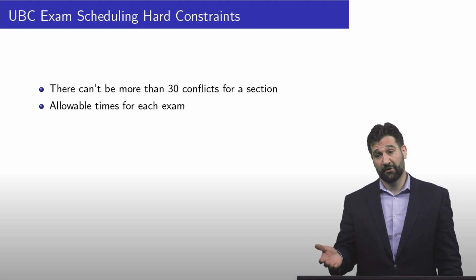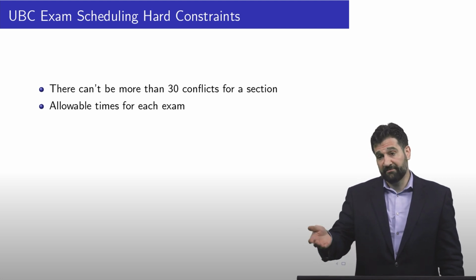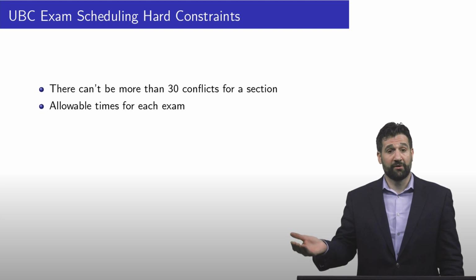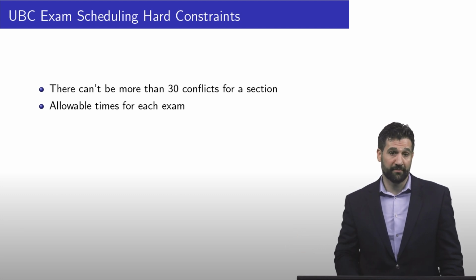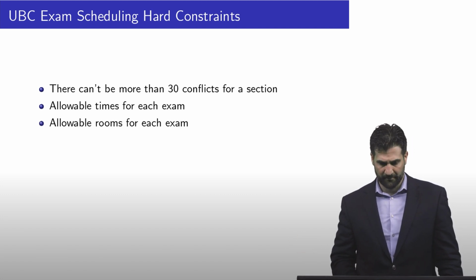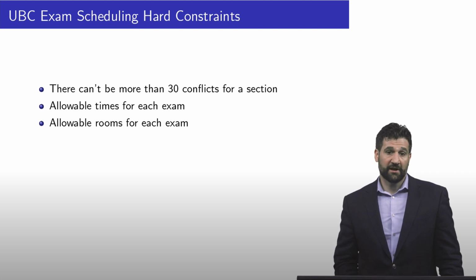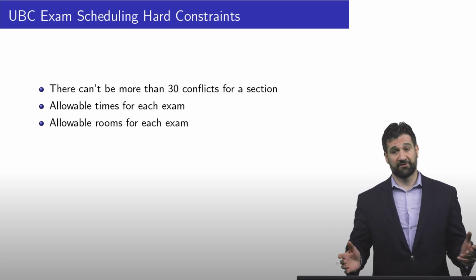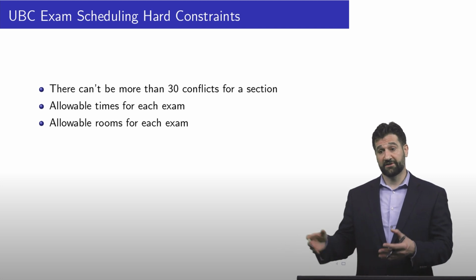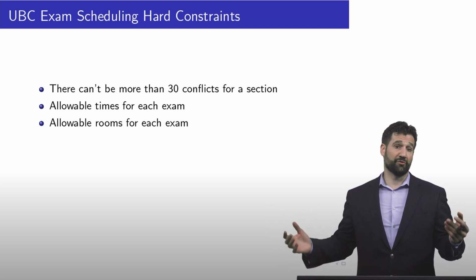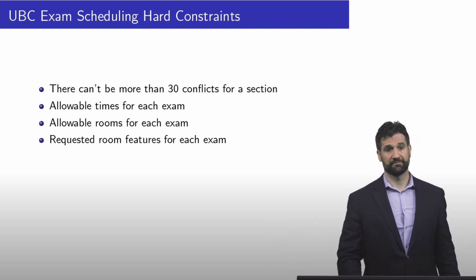Certain courses may want more time because they're weighted with more credit hours or something like that, so we would maybe want to account for that. Allowable rooms for each exam because different sections are going to be of different size, and some may require a bigger room or even multiple rooms.